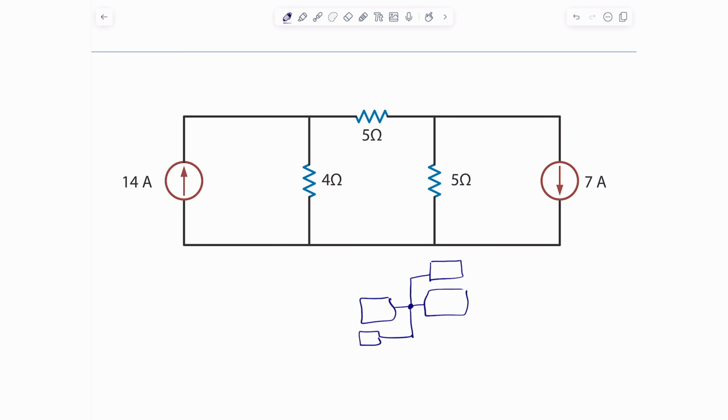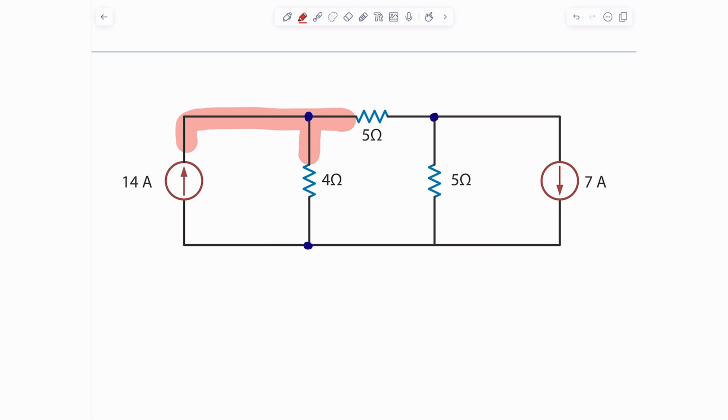So your first step in nodal analysis is to identify the essential nodes on the circuit diagram. In here, I believe this is an essential node, so I'm going to highlight it. This is another essential node, I'm going to highlight it, and the bottom wire as a whole is an essential node. I'll just highlight it. This first node I identified because it connects three elements: the 5 ohms, the 4 ohms, and the 14 amps current source.